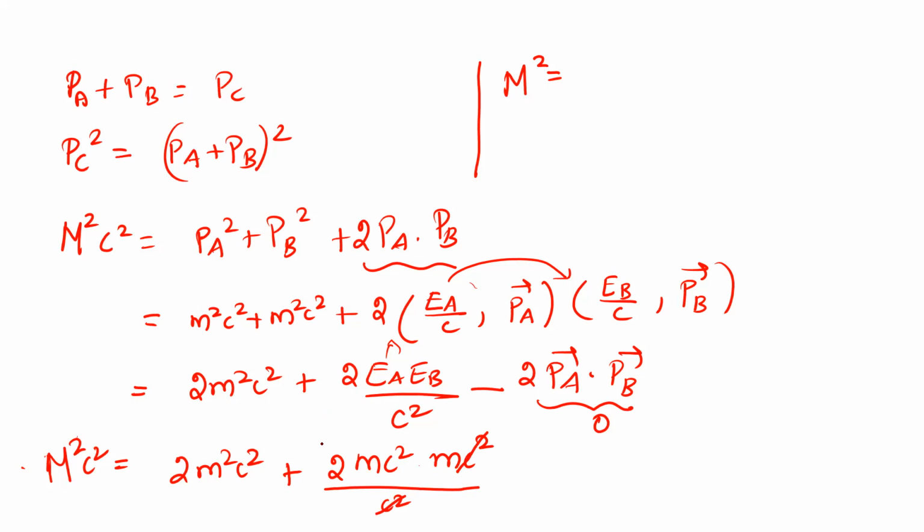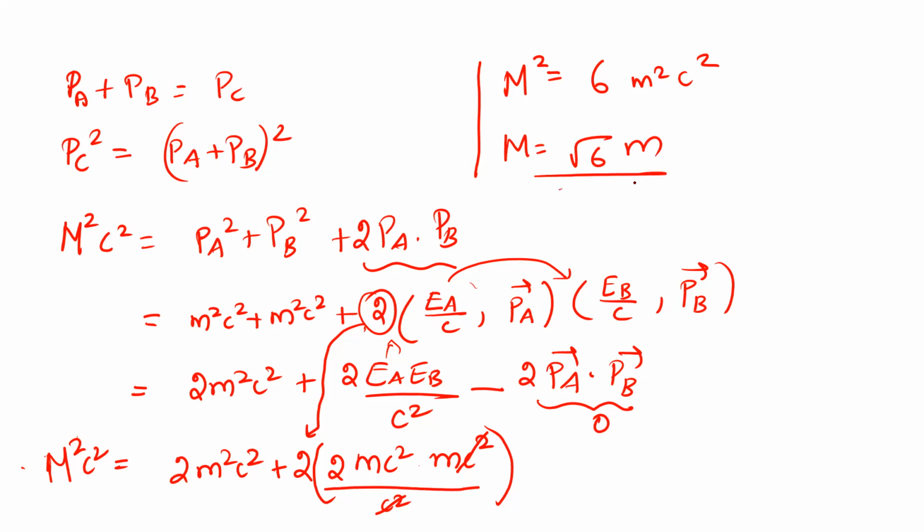There's a 2 here, right? There's a 2 here. Okay, this 2 we have to carry over here, right? This 2 has to be there. So that's equal to 6 M square C square, or M is equal to square root of 6. All right, it's the same answer we got when we did it using the previous method.